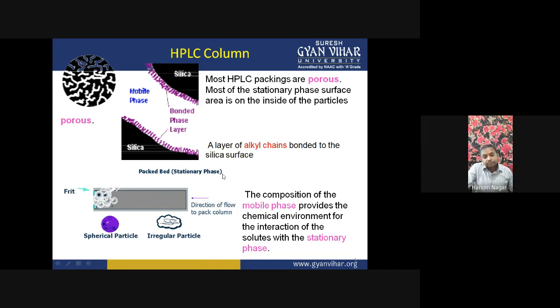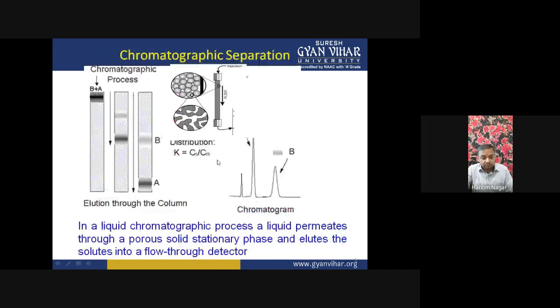Here spherical and irregular particles are shown, but actually the particles are not regularly spherical, because their shape is irregular. Due to this irregularity of shape, the elution in the column differs; they have different elution.